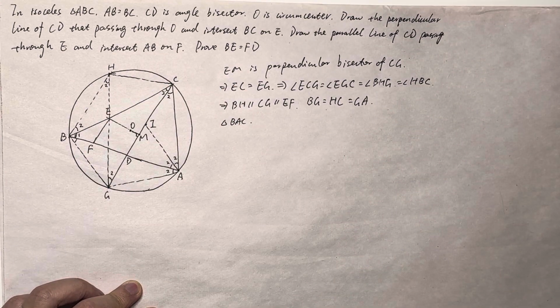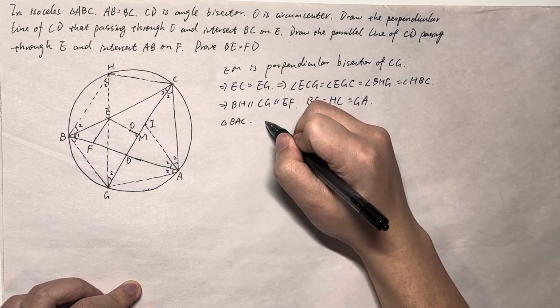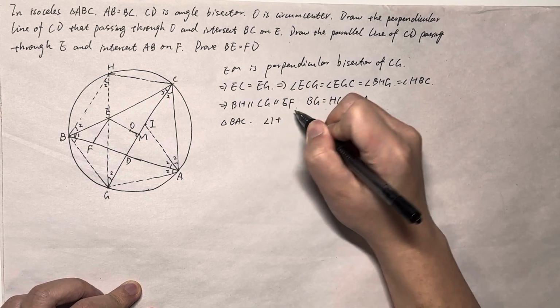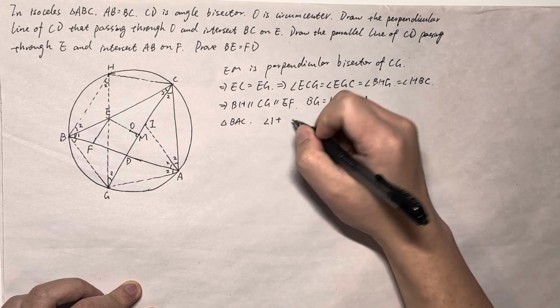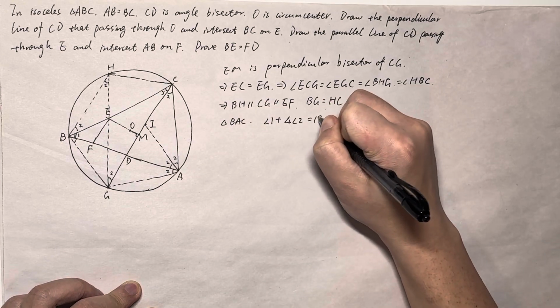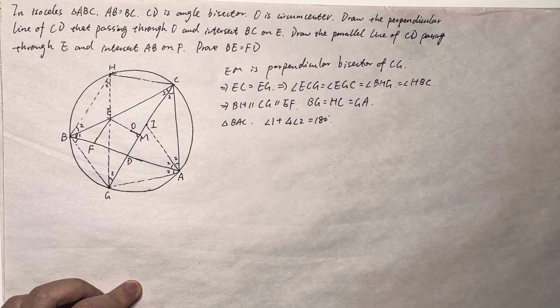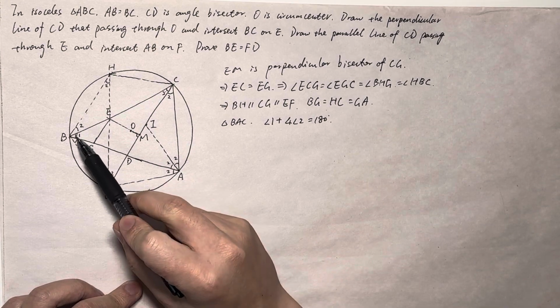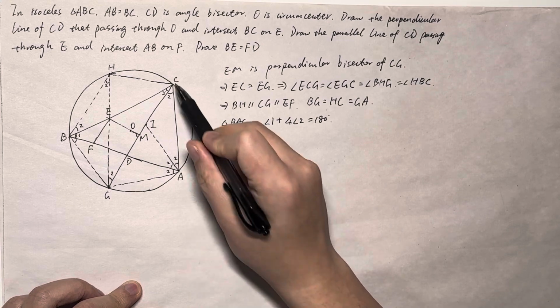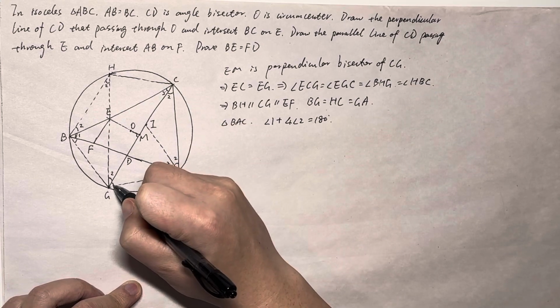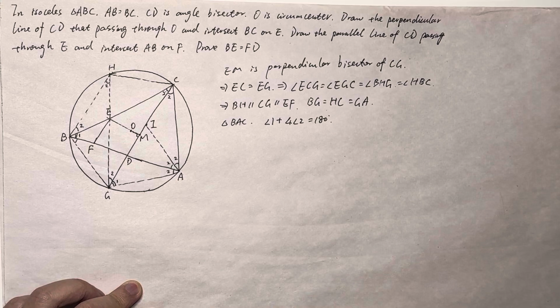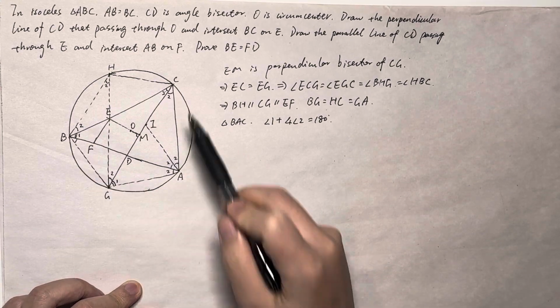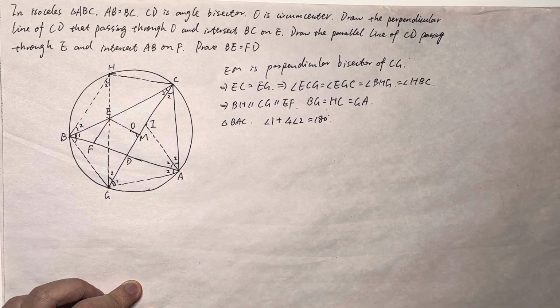So angle 1 plus four times angle 2 equals 180 degrees. And this is angle 1 that refers to the arc CA. The angle CBA equals angle CGA. They are all angle 1.